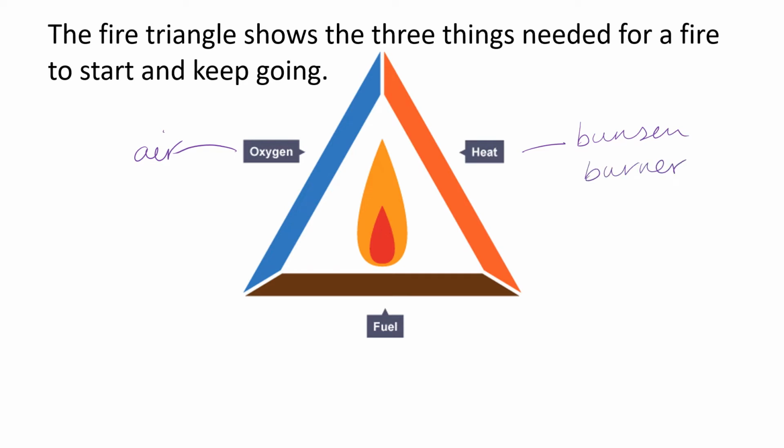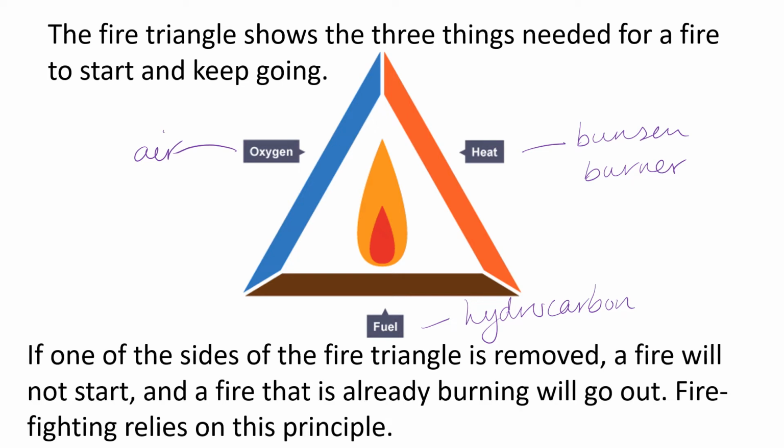And the fuel that we want to combust would most likely be a simple short chain hydrocarbon. If one of those three conditions is not met, then a fire will not start. If we wanted to stop our combustion reaction from going any further, then we could remove any one of these three conditions and the fire would go out.